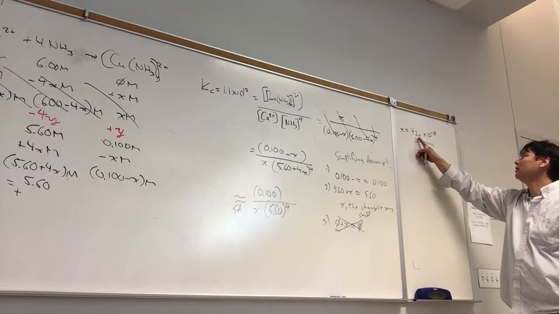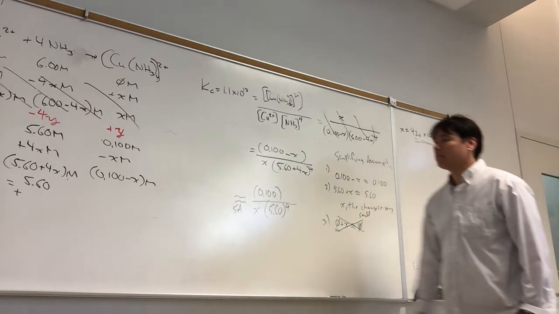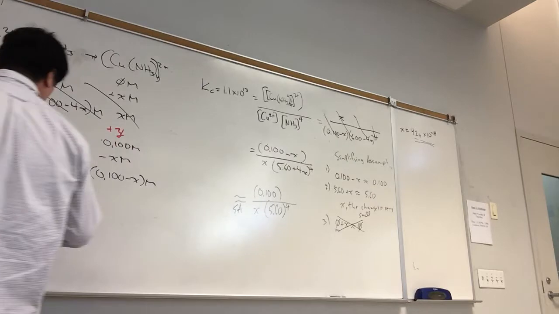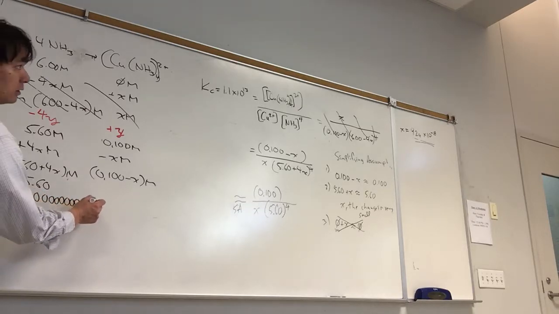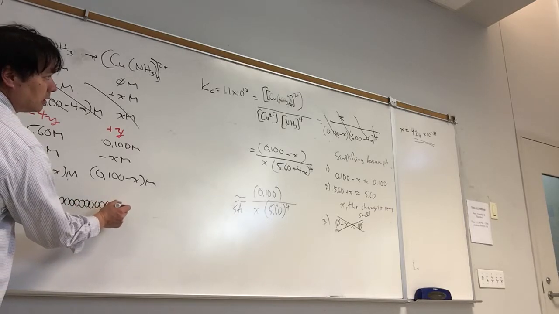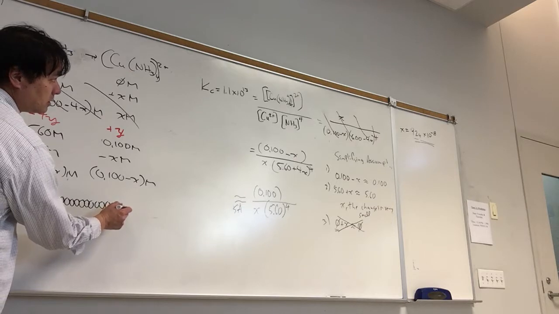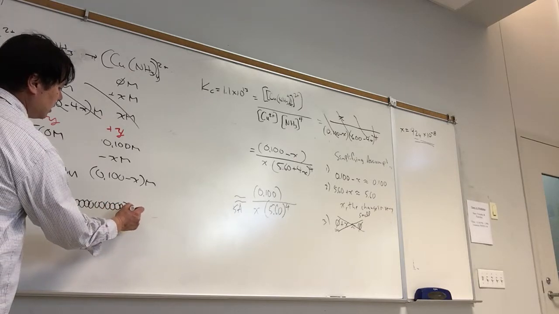So this is 36.96 times 10 to the minus 18. I'm going to need 17 zeros: 36, 96.